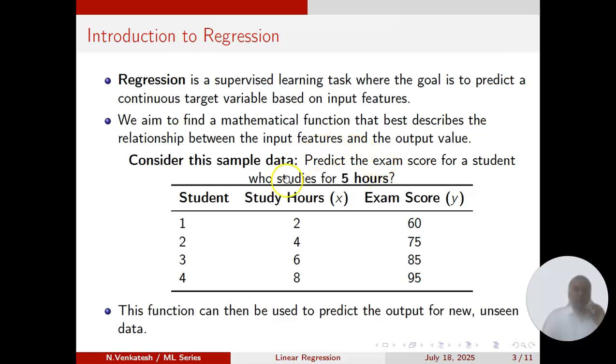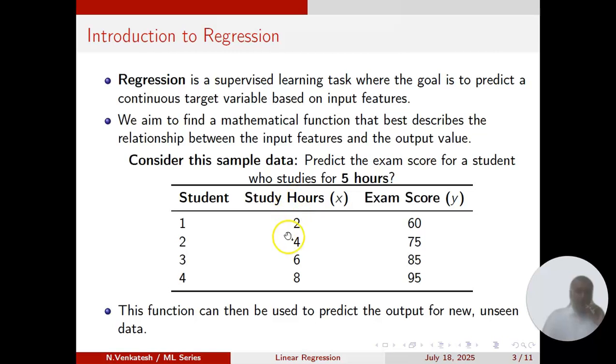So to predict this, first we have to consider this data set, and from that it has to learn the relationship between y and x. That means it has to learn the relationship between exam score and the study hours. That we are calling a regression problem here. What is the goal of the regression problem here?